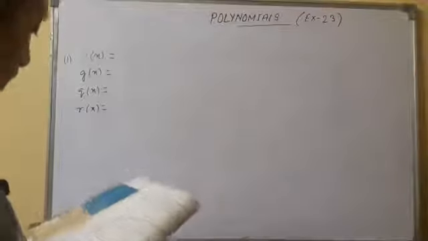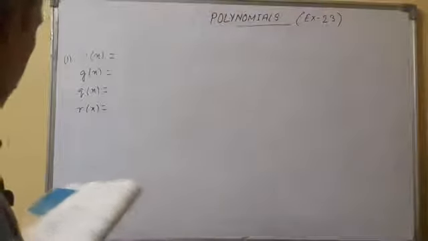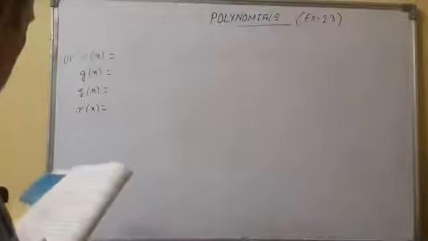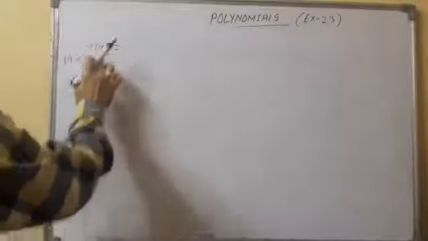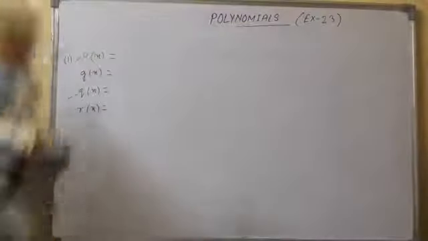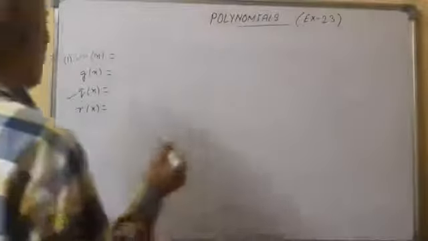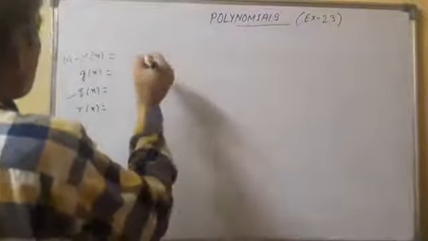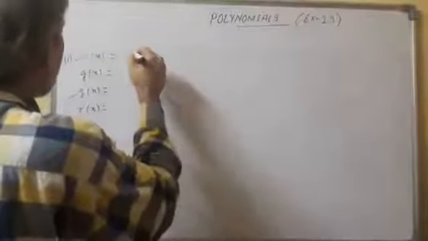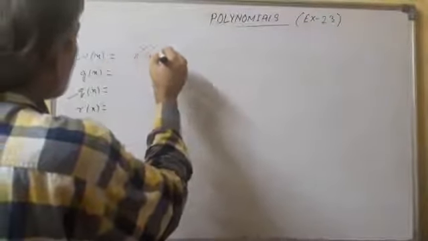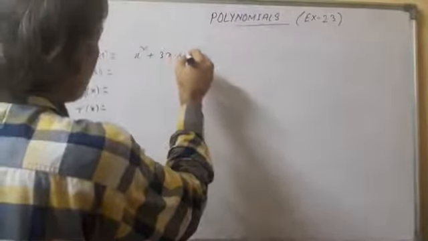It is asking the polynomials p(x), g(x), q(x) and r(x) such that in the first case degree of p(x) should be equal to degree of q(x). इन दोनों की डिग्री इक्वल चाहिए हमें. तो how to choose the polynomials? What we will do is, you can take any polynomial of any degree to be p(x). Let's say I take x^2 + 3x + 5 to be p(x).